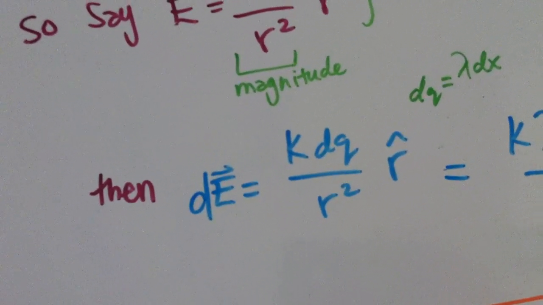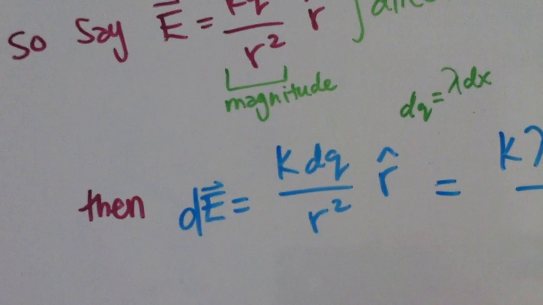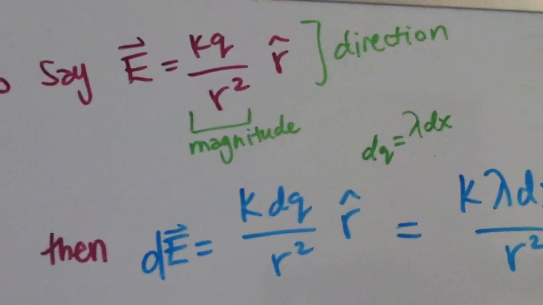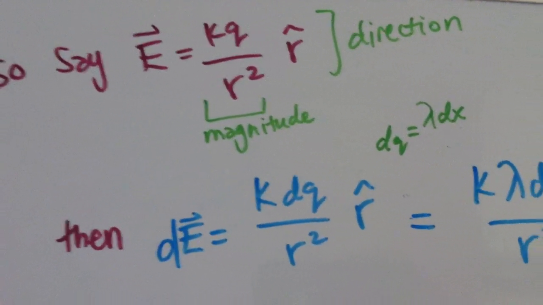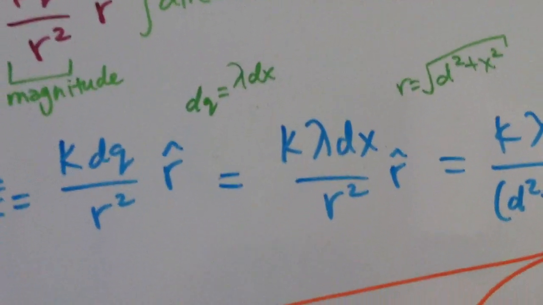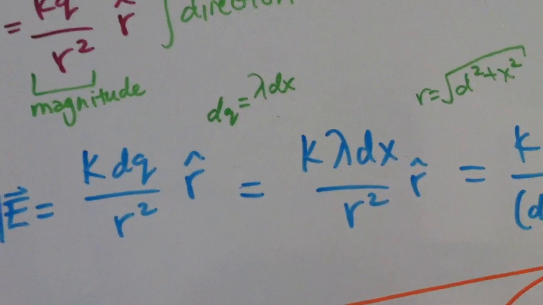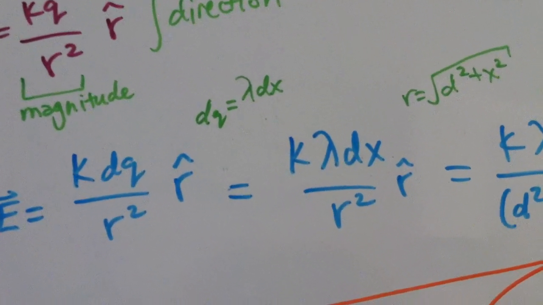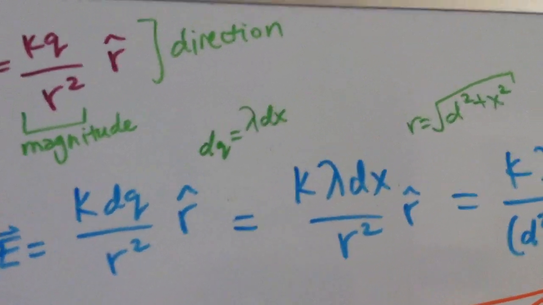And if we take our equation that we made before, where dq is equal to lambda dx, we get this next part of the equation, which is k lambda dx over r squared times r hat.